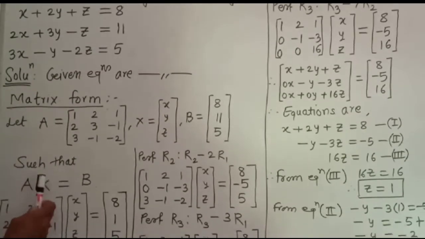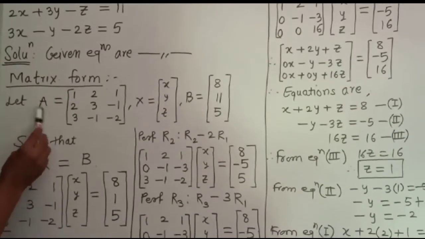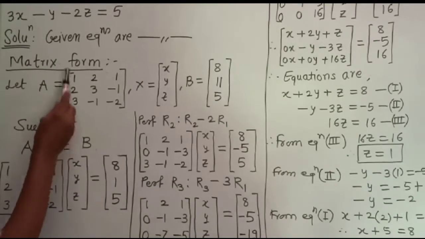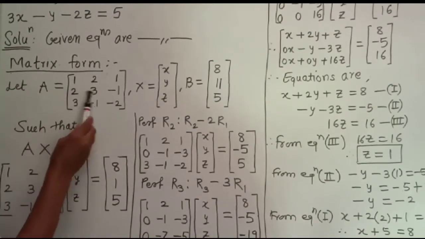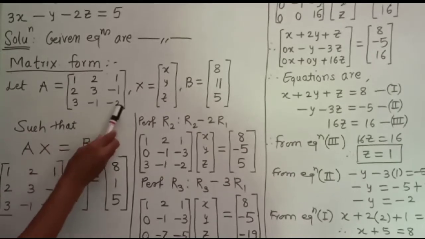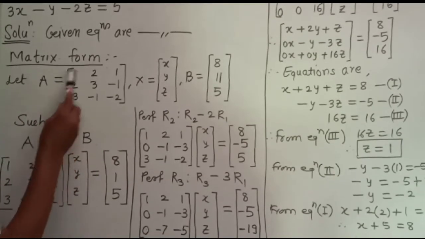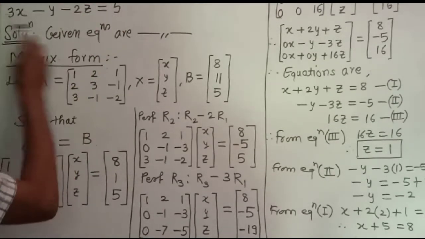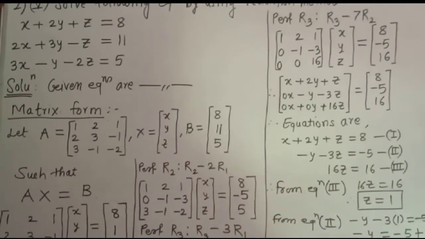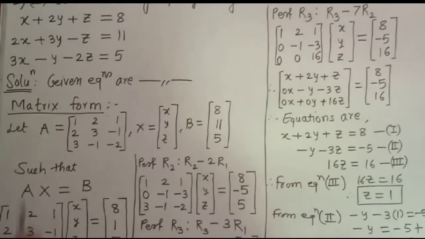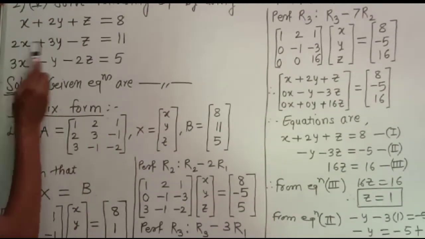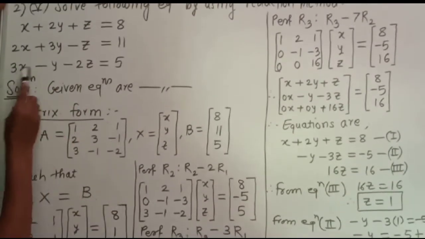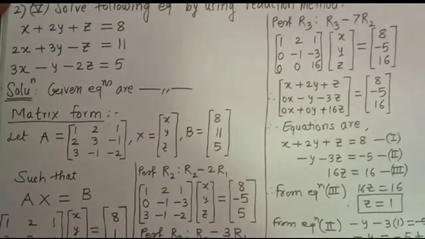We define a matrix capital A equal to the matrix 1 2 1, 2 3 minus 1, 3 minus 1 minus 2. These are the coefficients of the respective equations, written row-wise. Here 1 2 1 is the first row, 2 3 minus 1 the second row, 3 minus 1 minus 2 the third row.